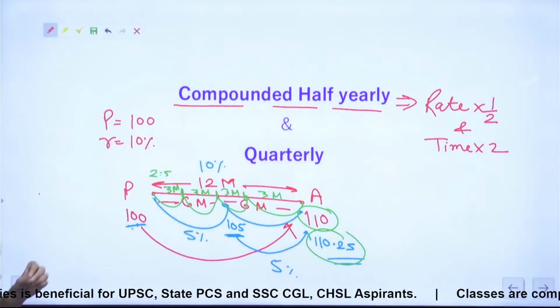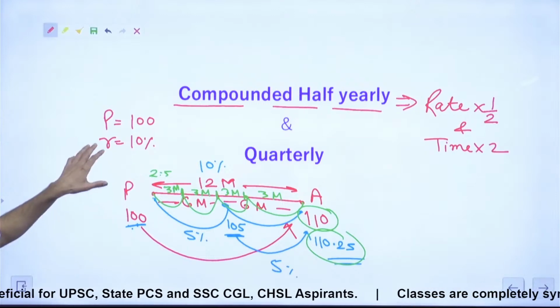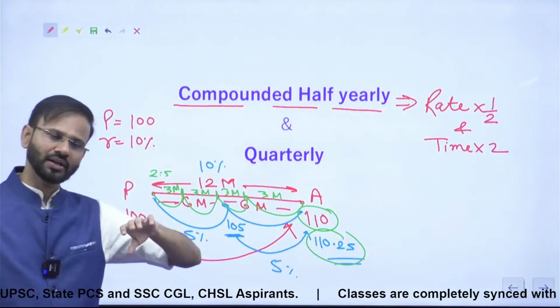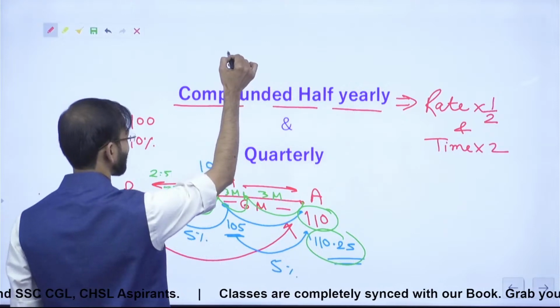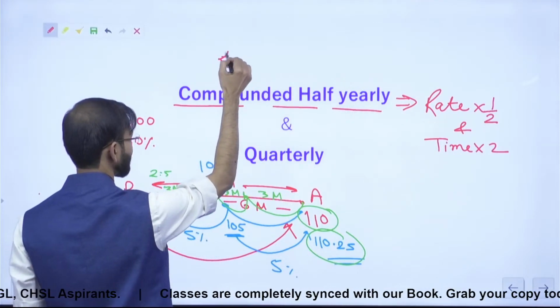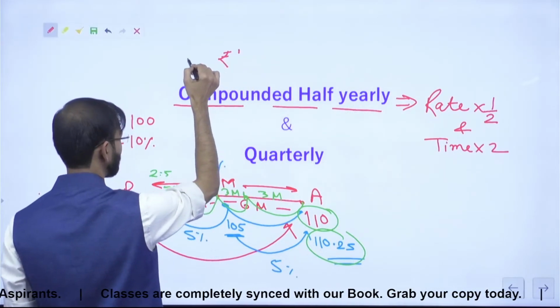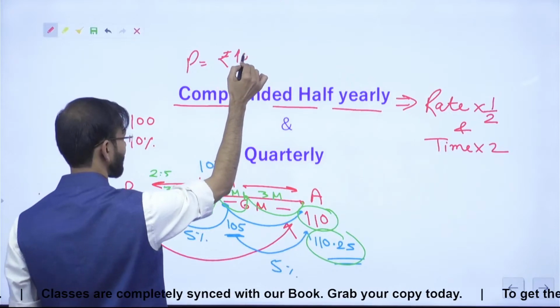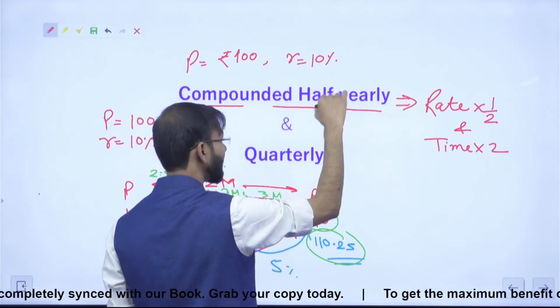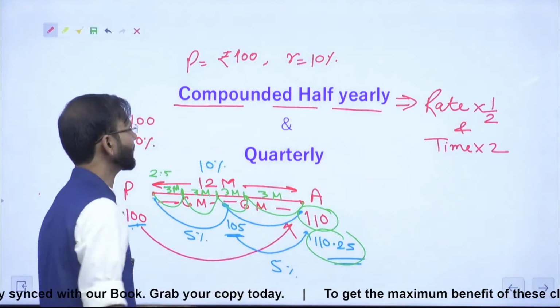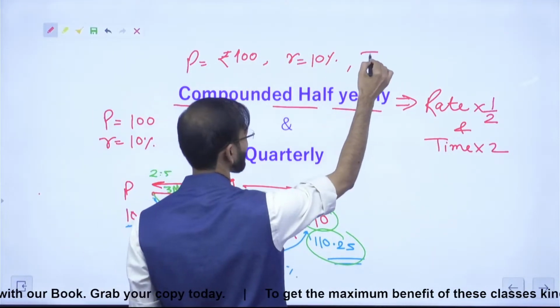In case of half yearly compounding, the rate of interest gets half and time gets double. What I want to say is, suppose the principal is 100 rupees and the rate of interest is 10% per annum compounded half yearly, and the time is 1 year.